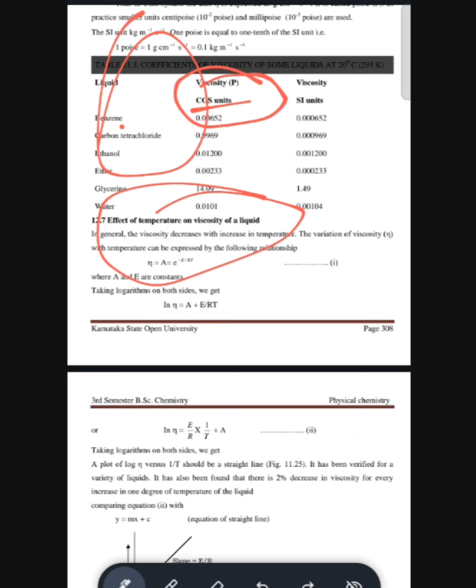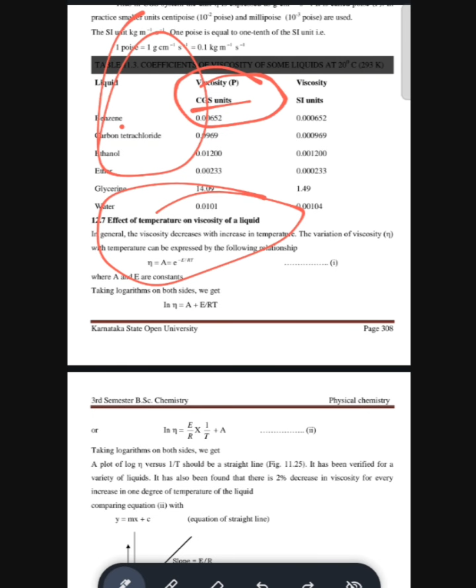Next is the effect of temperature on viscosity of a liquid. Viscosity is nothing but a measure of a fluid's resistance to flow. Here the viscosity decreases with increase in temperature. When the temperature of the liquid is increased, the viscosity will decrease.